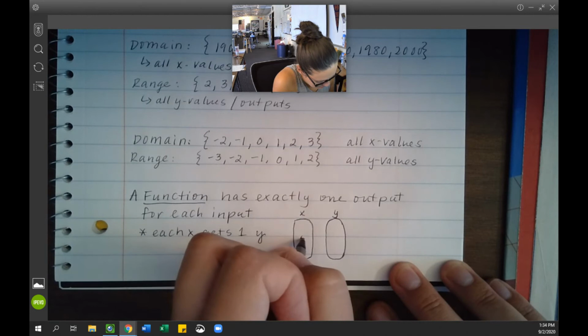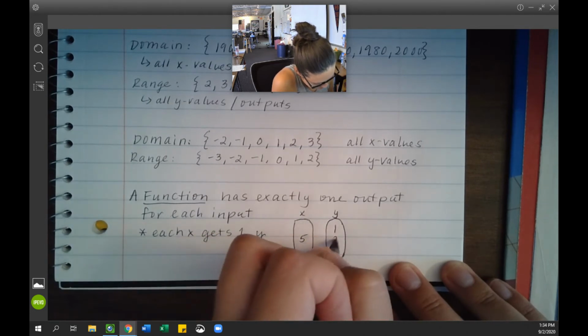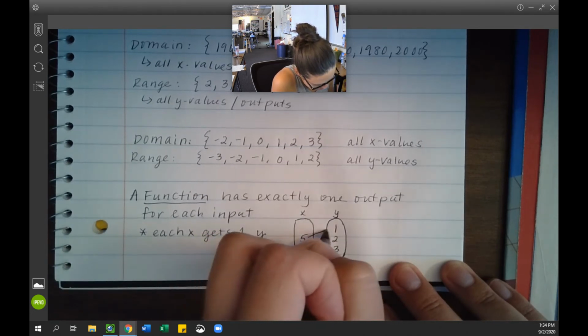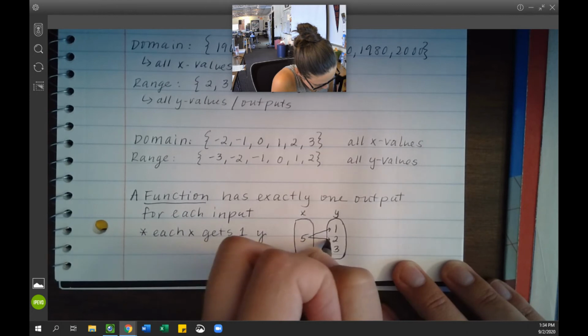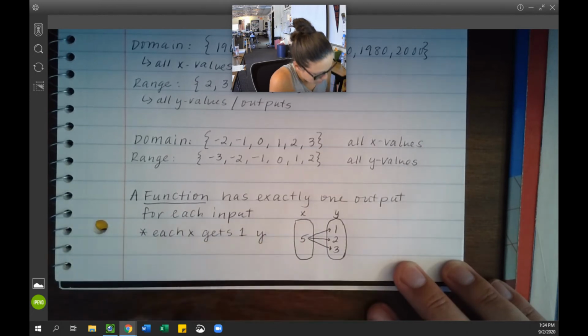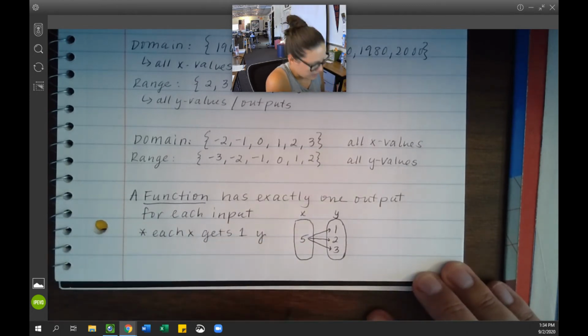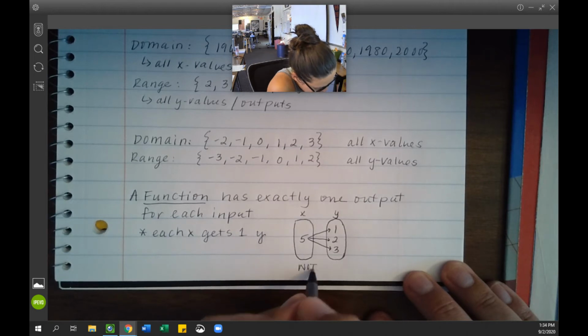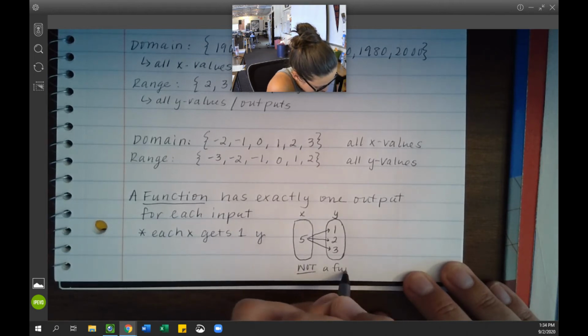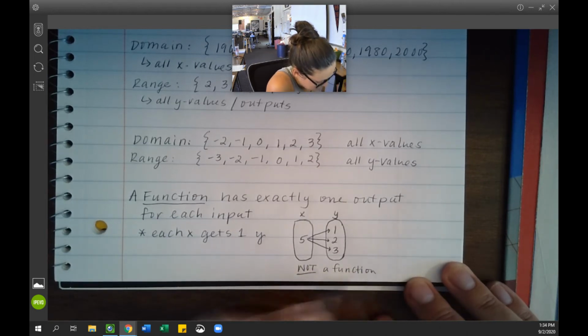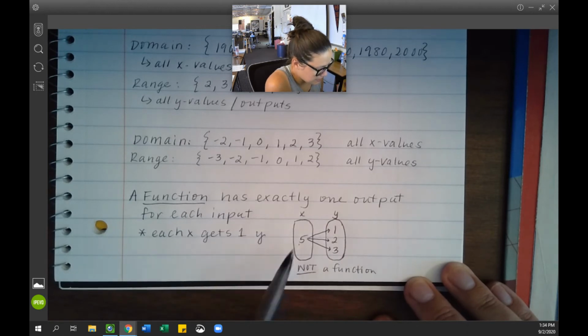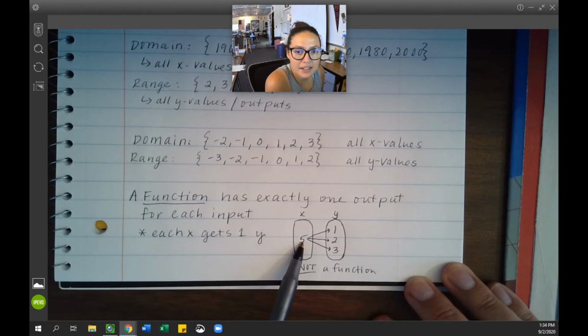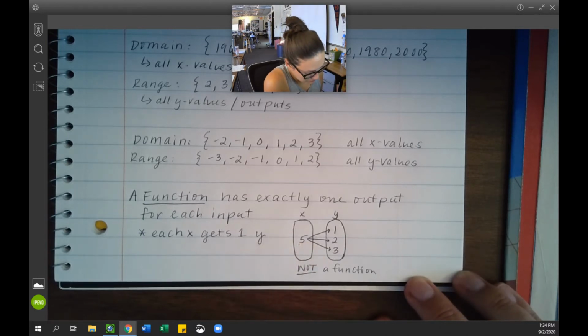Let's say I have the number 5, and then I have 1, 2, 3, and the 5 goes to 1, 2, and 3. This is not a function because this x, remember the rule is that each x gets one y, but this x has 3 different y's, so it breaks the rule.